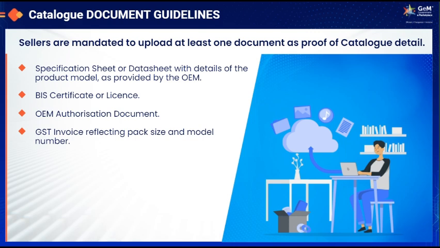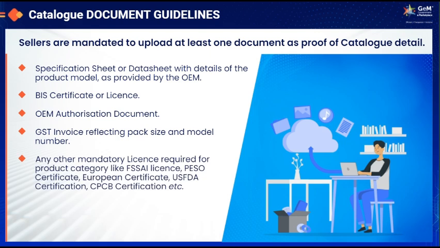GST invoice reflecting pack size and model number. Any other mandatory license required for product category like FSSAI license, PESO certificate, European certificate, US FDA certification, CPCB certification, etc. Any other documents.